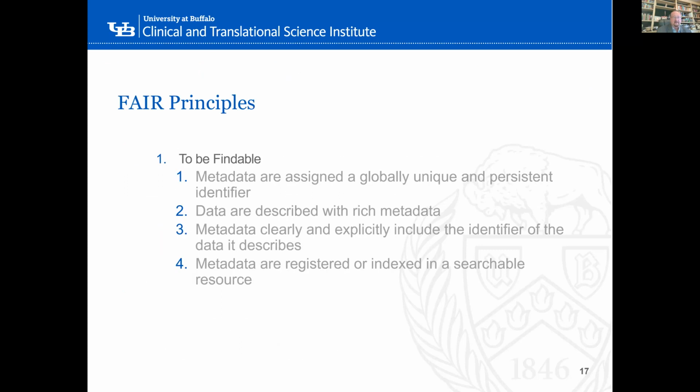So FAIR data principles include F for findable. Metadata are assigned a global, unique, and persistent identifier. Data are described with rich metadata. Metadata clearly and explicitly include the identifier of the data it describes. Metadata are registered or indexed in a searchable resource.